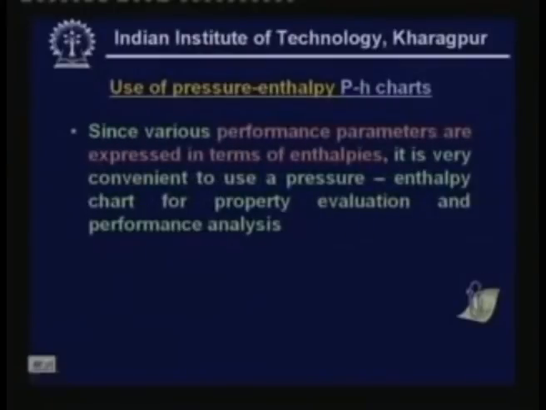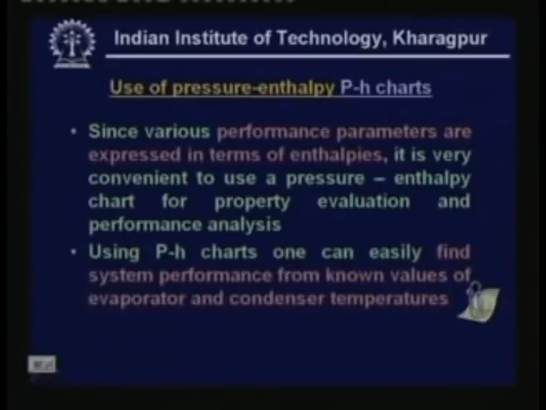It is very widely used in refrigeration cycle analysis, because using this chart you can straight away calculate the required performance parameters. Since various performance parameters are expressed in terms of enthalpies, it is very convenient to use a pressure enthalpy chart for property evaluation and performance analysis. Using pH charts, one can easily find system performance from known values of evaporator and condenser temperatures.